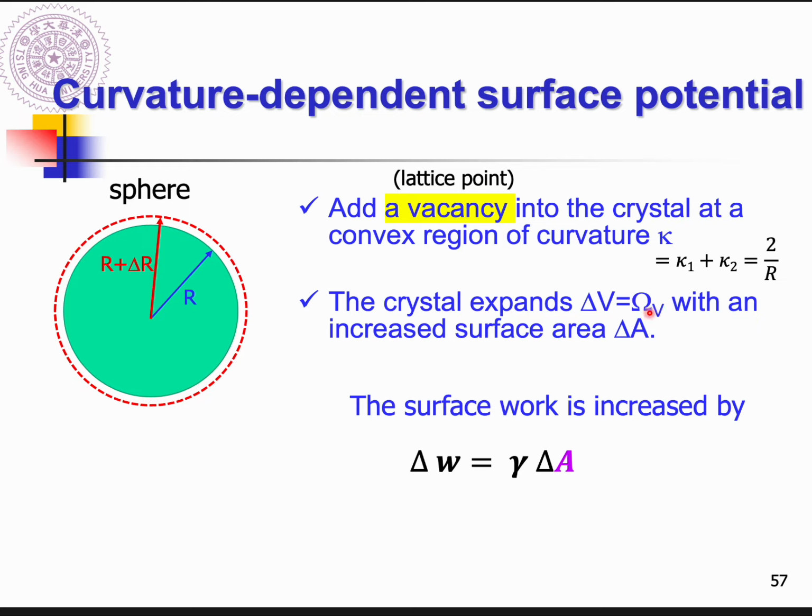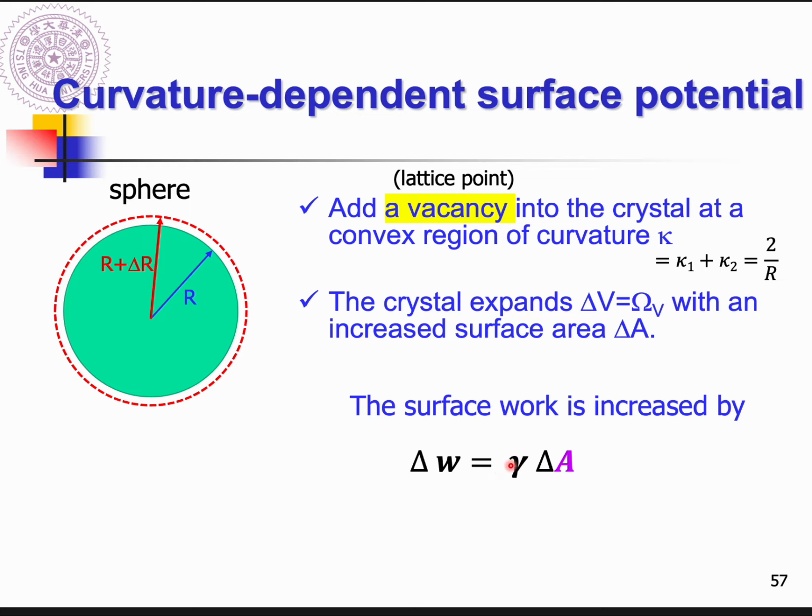So the average atomic volume, and this is also accompanied by an increased surface area, delta A. So based on this, we know the surface work will be increased by gamma, the surface energy, times delta A. Delta A is the increased surface area due to the addition of this vacancy. So this is the extra work we need to perform, right? And it will also be the extra term we need to add back to the vacancy formation energy.